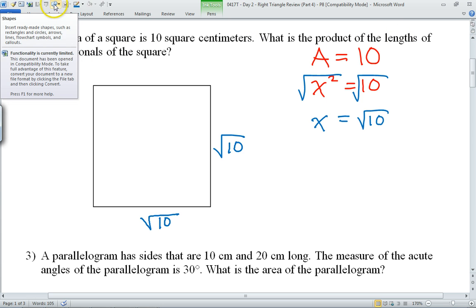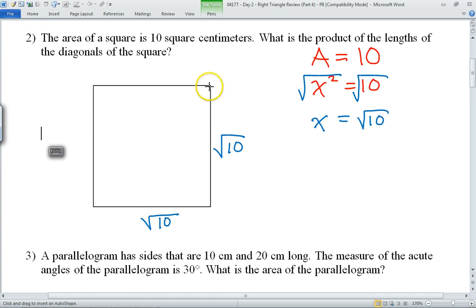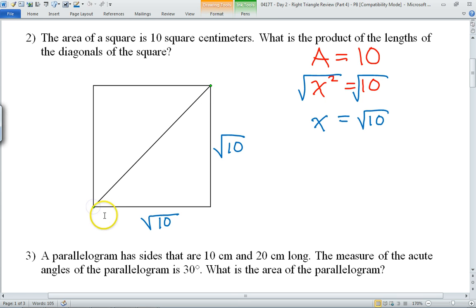So let's get those diagonals in here. Well, here is a diagonal, for example. Okay, so that's one diagonal of this square. Obviously the other one would go like this. So they should be the same length. So let's find this and we'll know what both diagonals are.